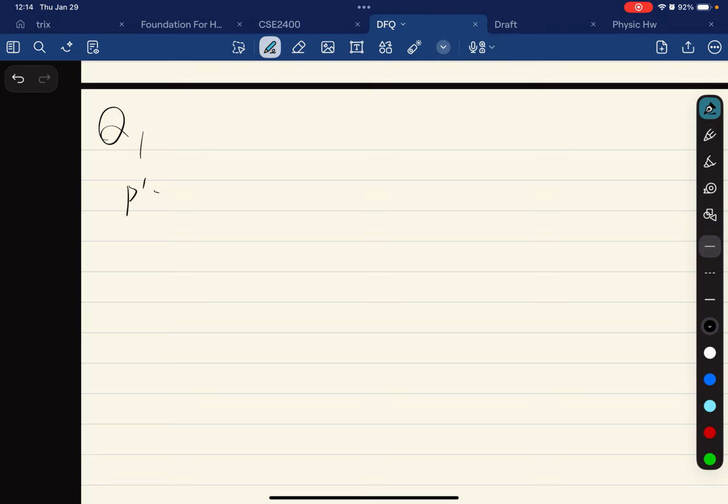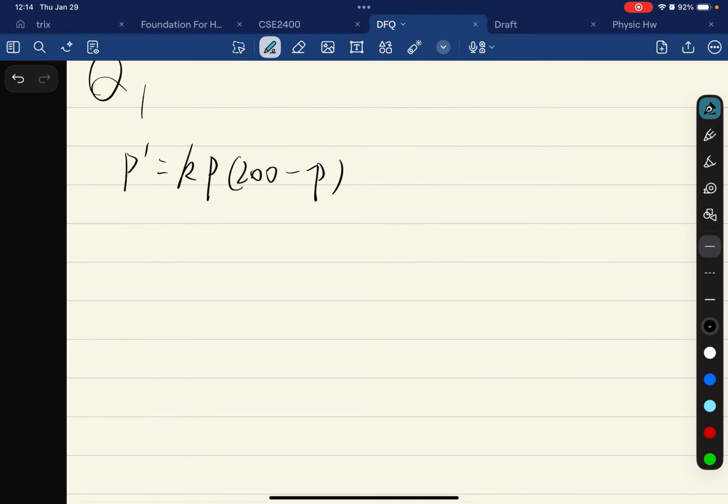First we write down the differential equation, which is the derivative of P equals kP times (200 minus P). As we talked about in class, we can move everything related to P to the left and keep everything about t, which is time, to the right.